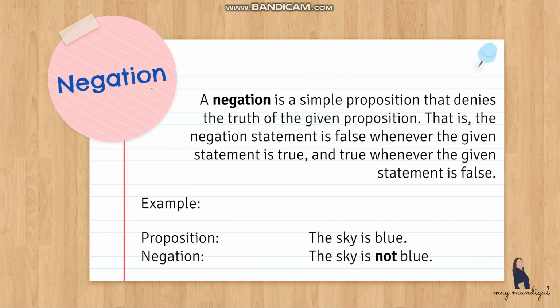So how will you know if it's a negation? If you see words that denote negation or negative, for example, not, is not, do not, those are examples of words that we can use to denote negation of the said proposition. So how are we going to write it in symbol?